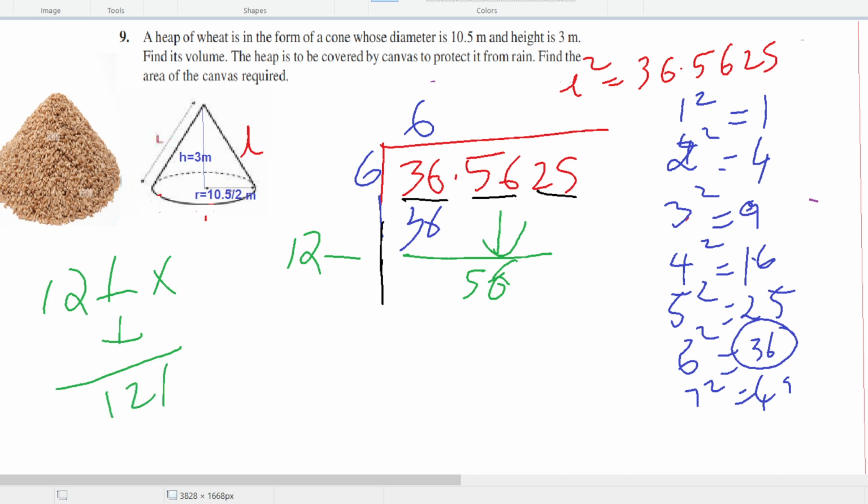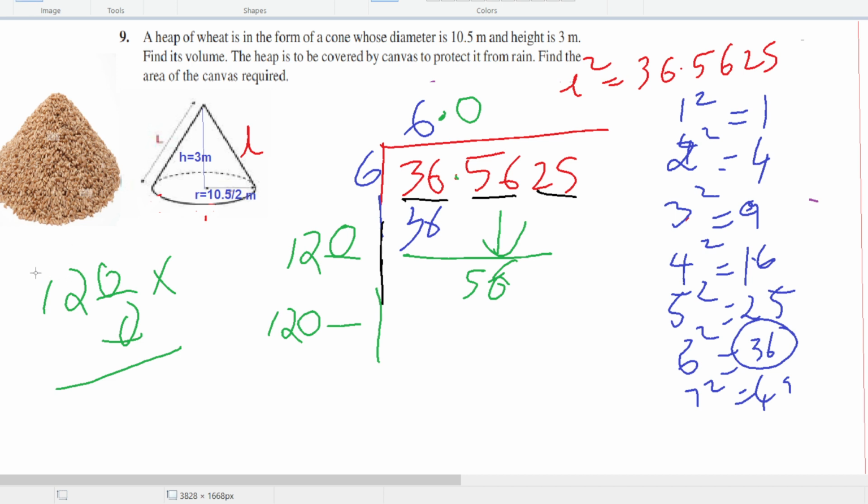So you will not get a number if you put a non-zero digit, so it will be 0. So you have to put a decimal point, then put 0. Then next step, you have to double the 0, and it will be the same only. Then you have to fill this dash.